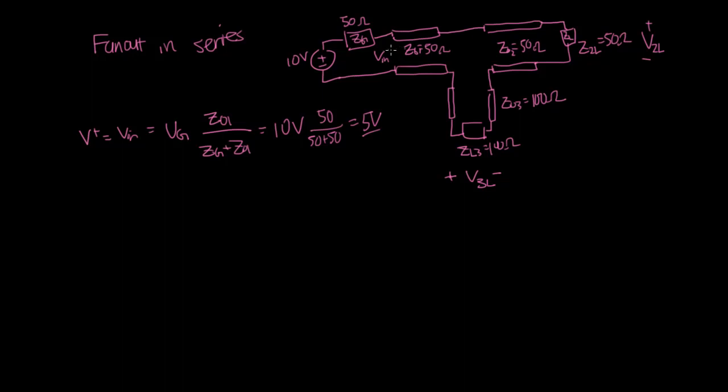The procedure is we pretend we have a generator where the value is equal to 2 times the input wave, so 2 times V plus, which is equal to 10 volts. And then that Thevenin equivalent source has a source impedance equal to the transmission line value, so Z01, which is equal to 50 ohms.